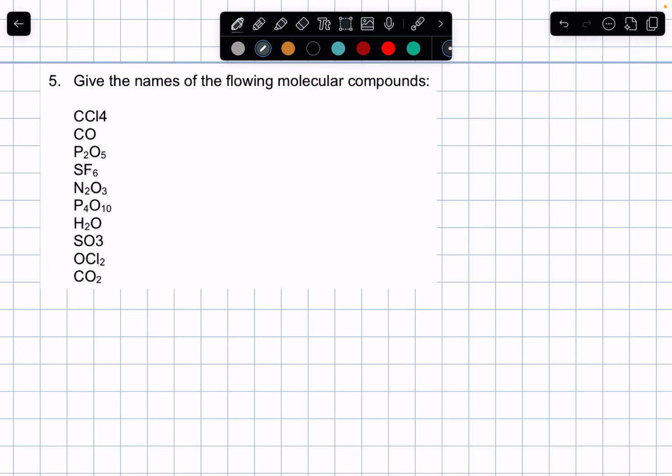Okay. Give the names. This one, CCl4, let's skip that. CO is carbon monoxide. What's P2O5? Permanganate? No. CO2, you all know that, that's carbon dioxide. This one, Cl2O.